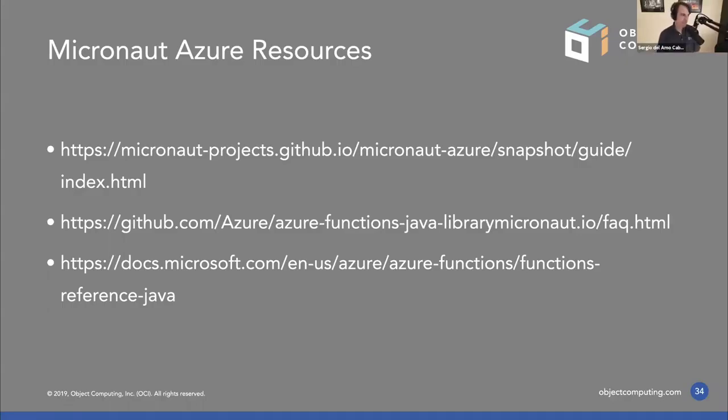I have here some links to resources. The Micronaut Azure module has documentation about both things. If you go to the blog on micronaut.io, we have a blog post about the support. A couple of things that I have found interesting: if you are using the Gradle plugin, check the Gradle plugin Azure documentation, because all the extensions that you saw me configuring are documented there.